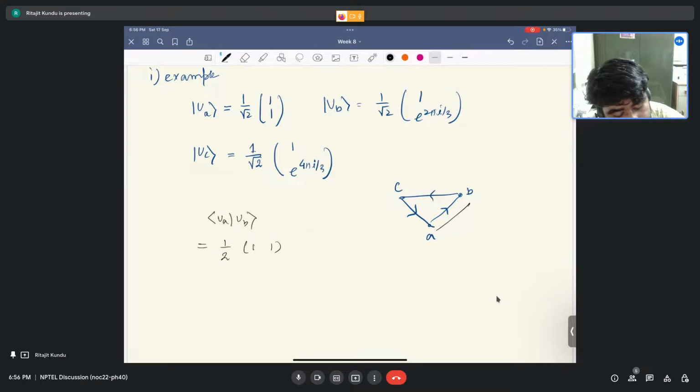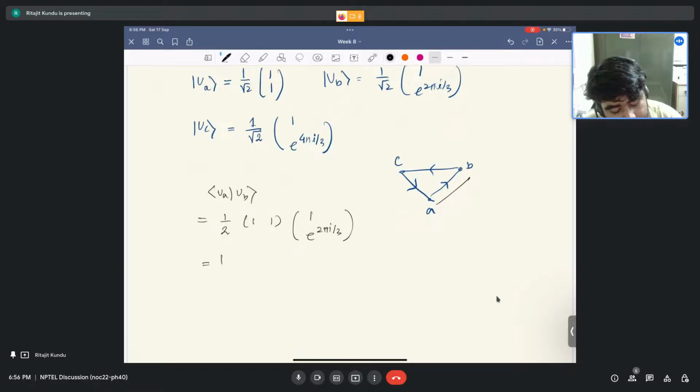So I'll just keep it as 1 by 2, with e to the power 2 pi i by 3. You go on and calculate this quantity and it becomes 1 plus e to the power 2 pi i by 3. This is the inner product for the first link.